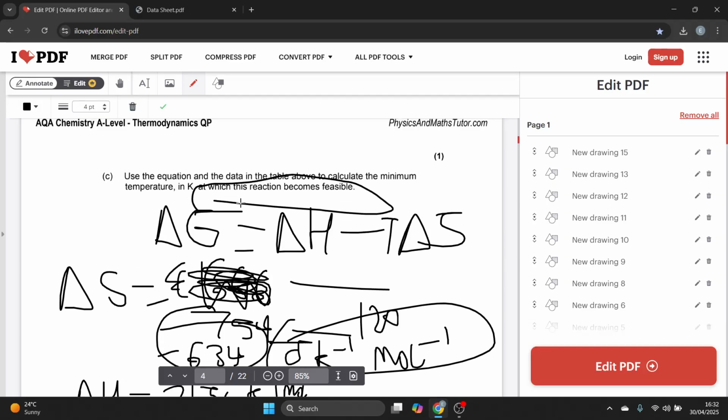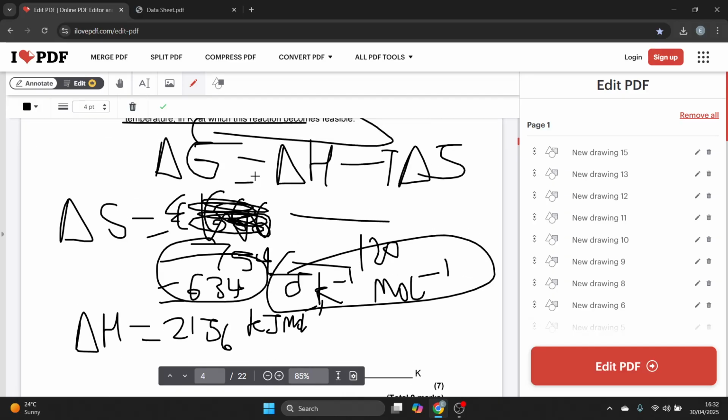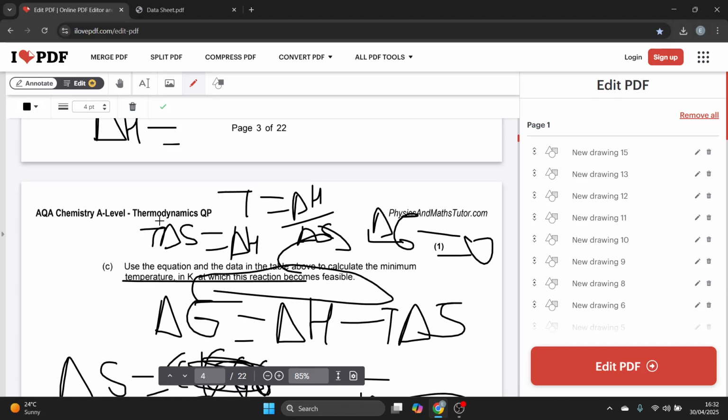Now I want to find out at which temperature this reaction becomes feasible. Well, when this reaction becomes feasible, delta G equals 0. The minimum temperature at which the reaction becomes feasible, delta G equals 0. Therefore, I get T delta S equals delta H, and therefore T equals delta H over delta S. And I want my units in Kelvin, so I need to now think about converting between units.